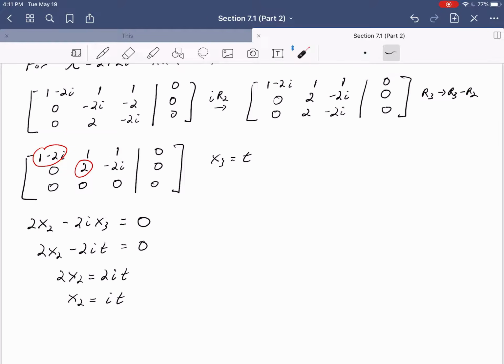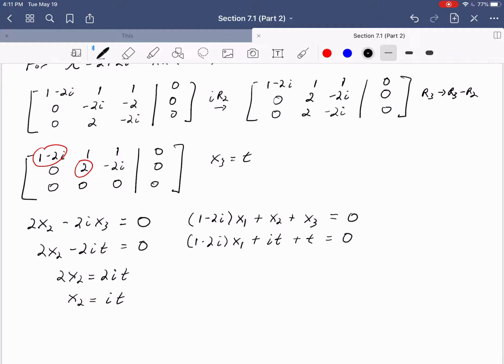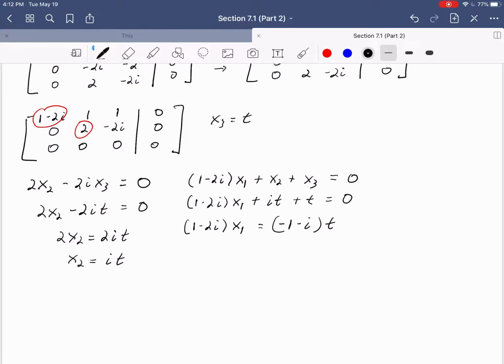Now we can use our first equation. So (1 minus 2i)x1 plus x2 plus x3 is supposed to be 0. (1 minus 2i)x1 plus it plus t is 0. And (1 minus 2i)x1 should be negative (1 plus i) times t, just gathering everything on the other side.